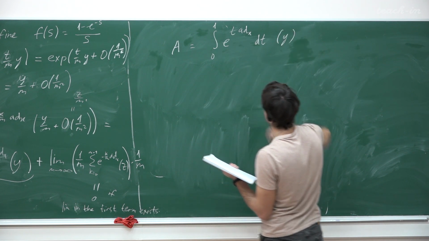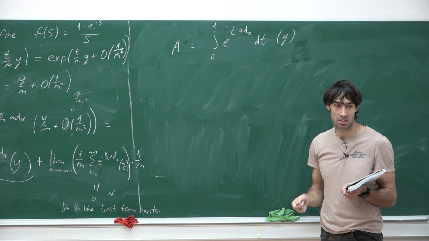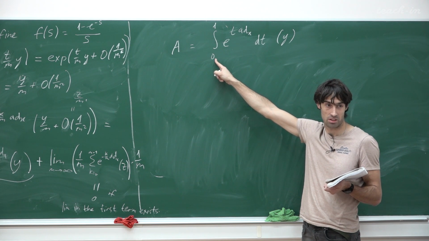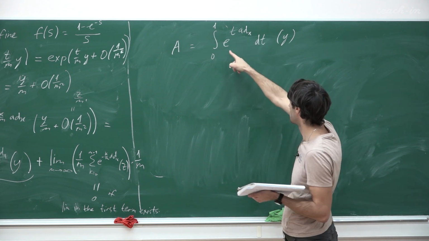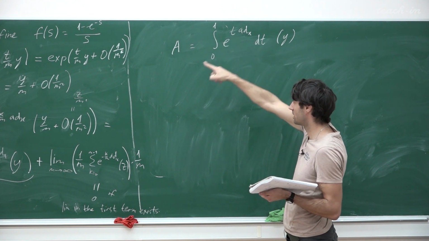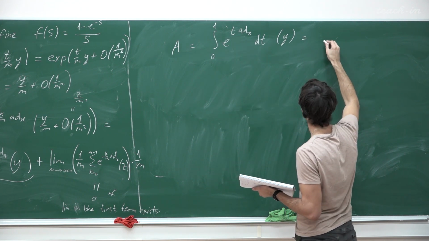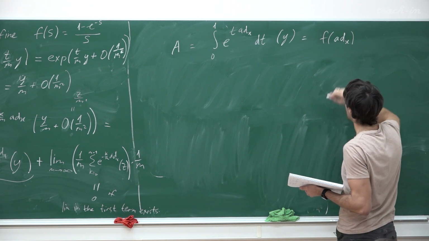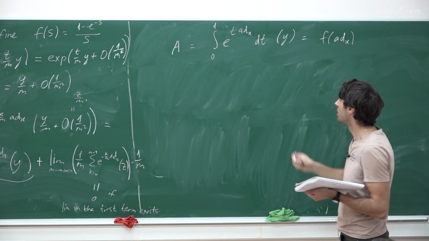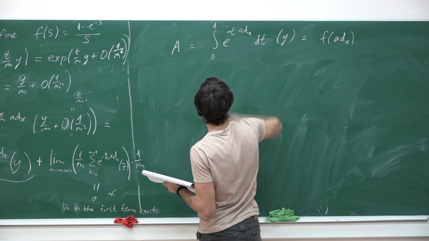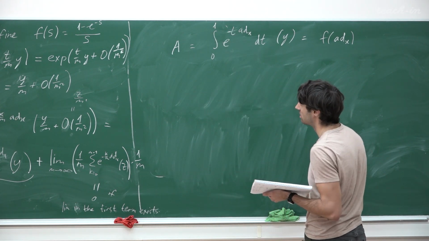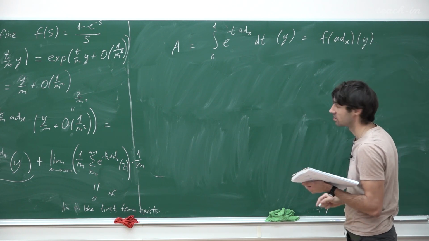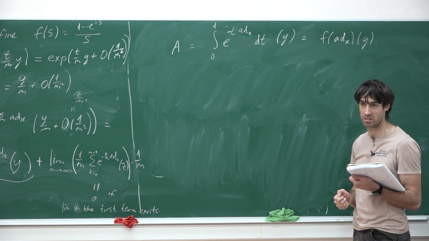Again, this is some series, and we integrate the series and get a series as well. So if we integrate this, we will get exactly what is written over there. So it is f of ad x. Isn't it e to the negative? Yes. Right. So if we integrate, we will get exactly what is written. Okay?